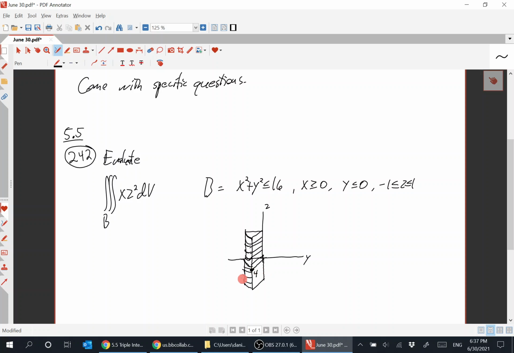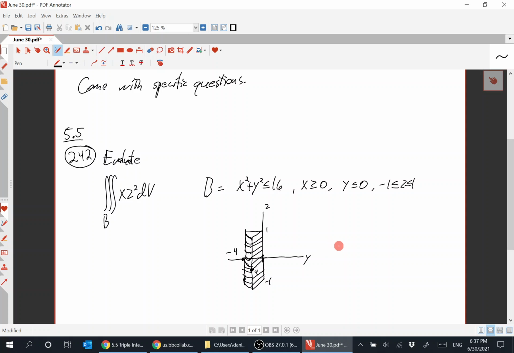So that's 4 on the x-axis, -4 on the y-axis, -1 to 1 on the z-axis. Okay, so certainly we want to use cylindrical coordinates, and how would we describe this in cylindrical coordinates?